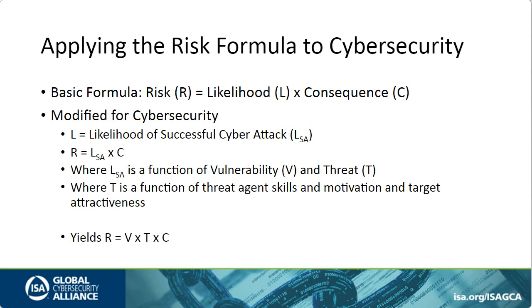Therefore, the simplified risk equation is risk equals L sub SA times consequence. And then you further realize that L sub SA is a function of both the vulnerability V and the threat T. If your system is not vulnerable, then it doesn't matter what the threat is because you'll have zero likelihood.